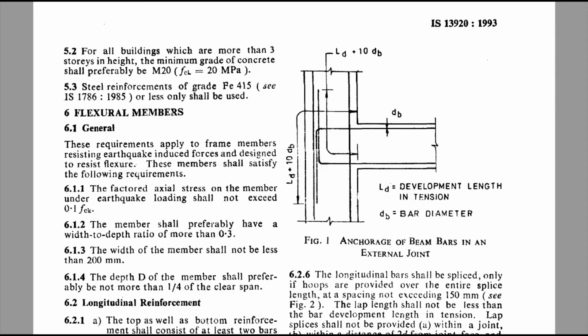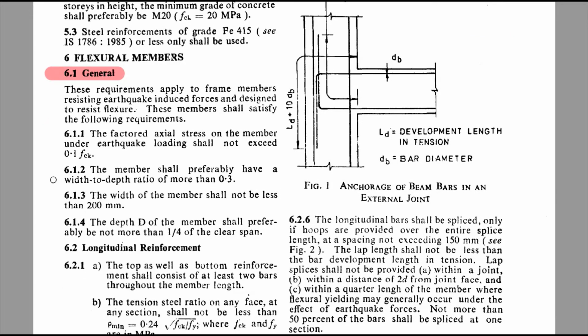These details are all given in IS 13920. Look here, this is IS 13920:1993, and here is clause number 6.1. Here you can see the width to depth ratio is 0.3, and the width shall not be less than 200 mm.